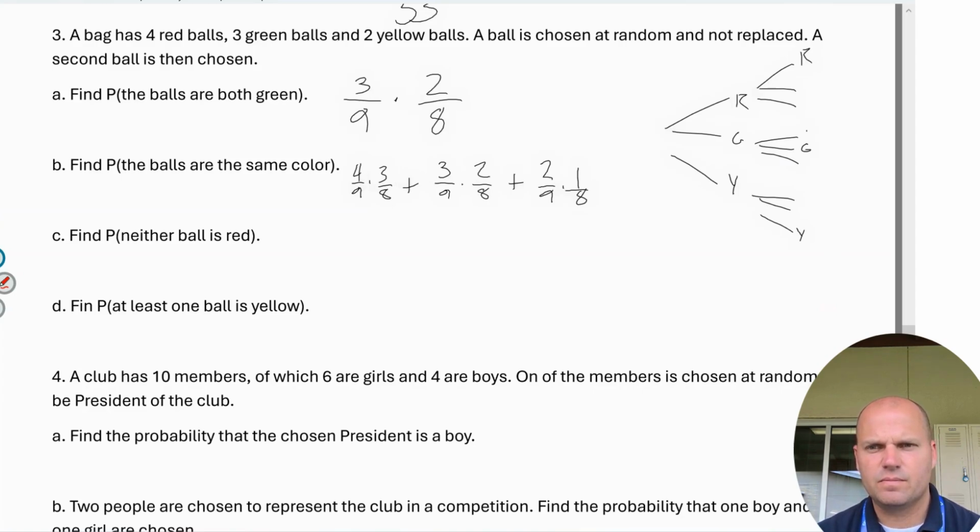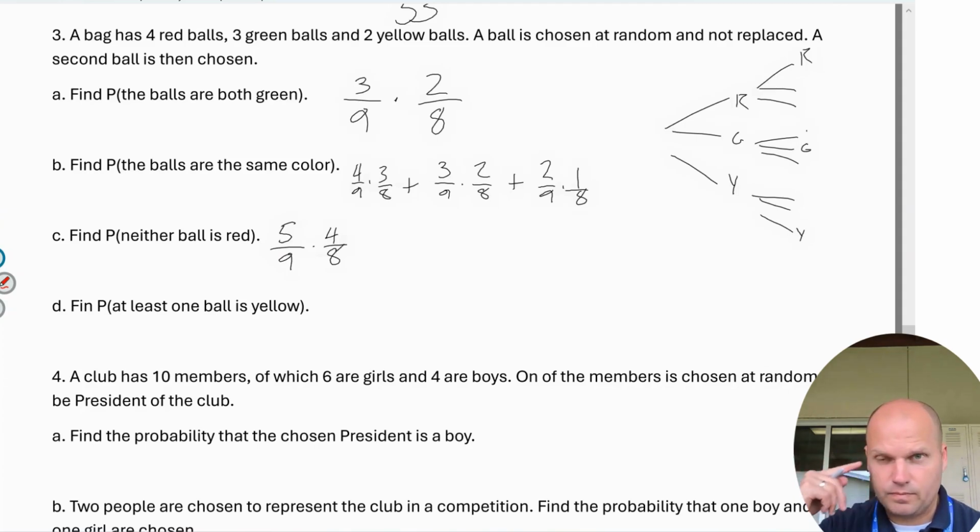figure that out. Neither ball is red. So that would be the 5 non-red, green or yellow balls, and then the 4 remaining non-red balls. At least one ball is yellow.